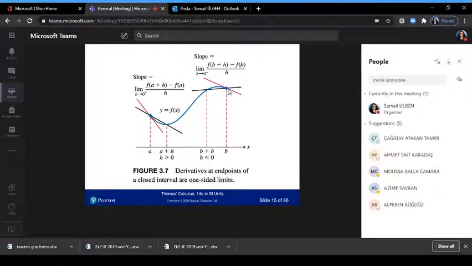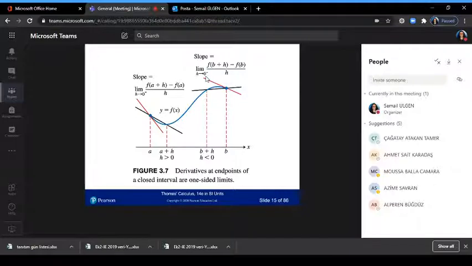What is this? We can define it in terms of one-sided limits, because we don't have anything on the right-hand side. So limit as h goes to 0 from the left of f(b + h) minus f(b) over h. We let h go to 0 from the left, negative values of h, in order to have b + h to the left of b.